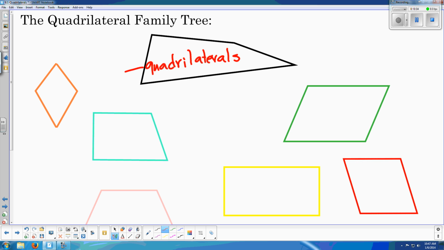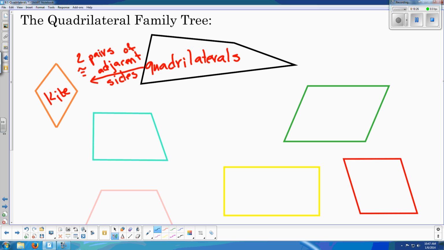Now, going this way, we are going to say has two pairs of congruent adjacent sides, which leads us to our kite.